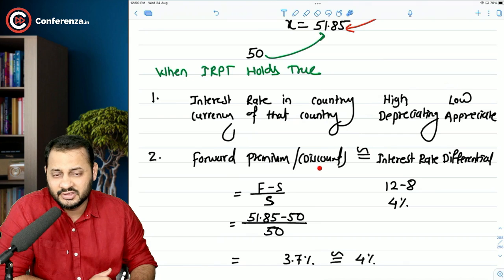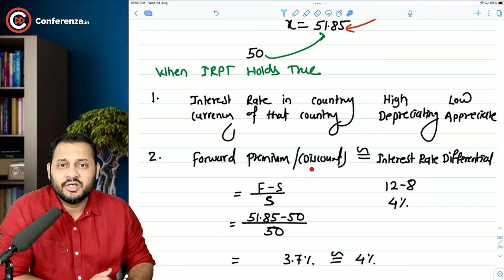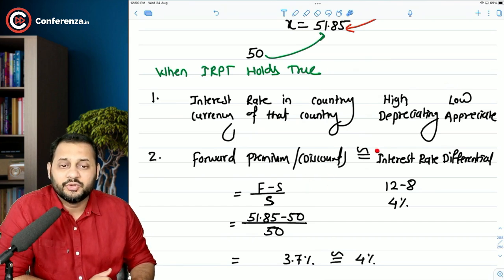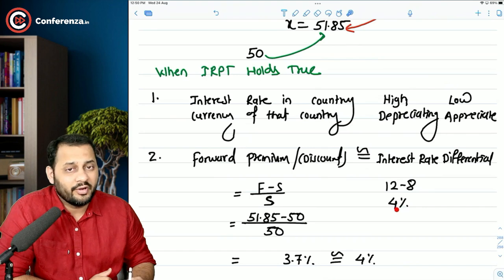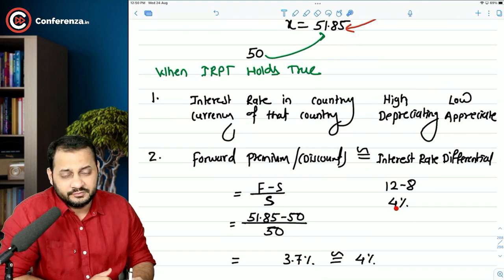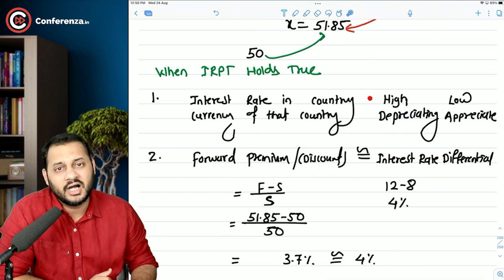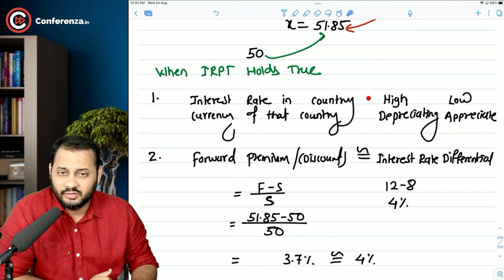The depreciation means the discount. So when the discount in the currency, in this case rupees in our question, goes up till this point, 4%, until that point, we will keep on investing in the high interest rate currency. Got it?